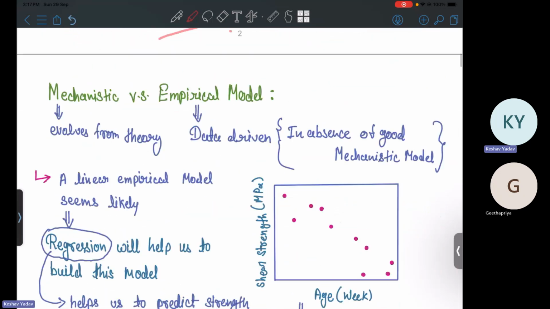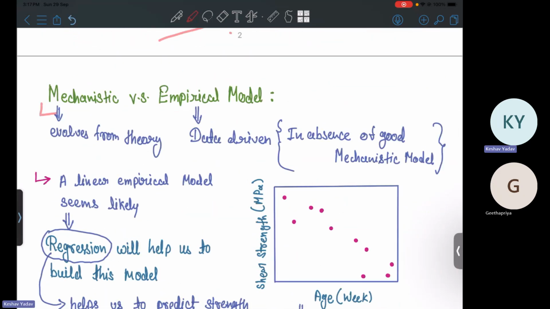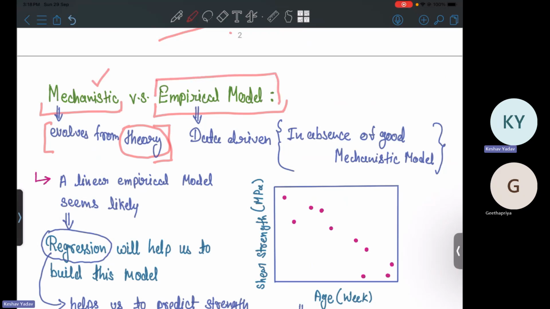Now let us see what a mechanistic model is and what an empirical model is. A mechanistic model comes from theory. When we know the underlying complex mechanism of the physical problem, then we can derive this mechanistic model. Sometimes we do not know much about the underlying mechanism.